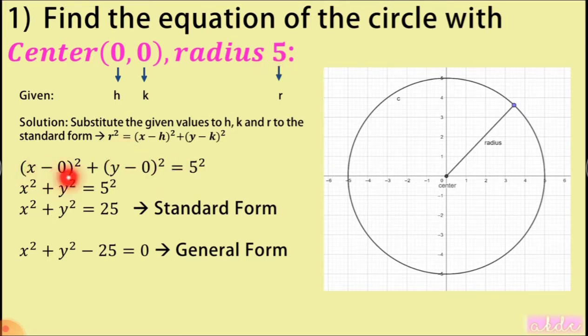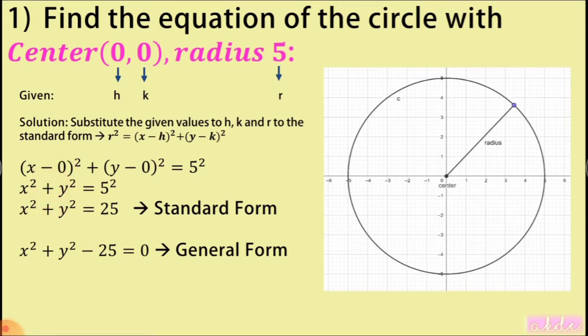So x minus 0 times x minus 0 is only x squared. Y minus 0 times y minus 0 is only y squared equals 5 times 5 is 25. So this is the standard form. X squared plus y squared equals 25. So we do not have something to expand since we do not have the value for dx and ey.